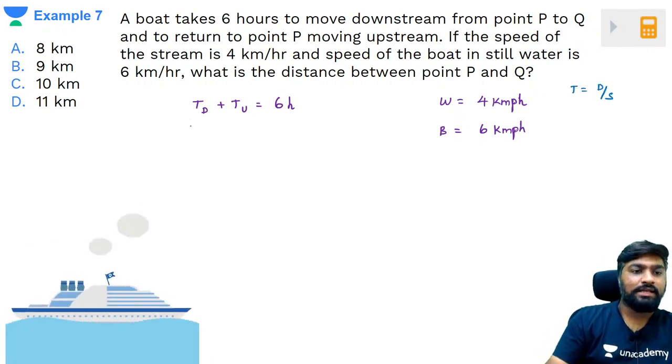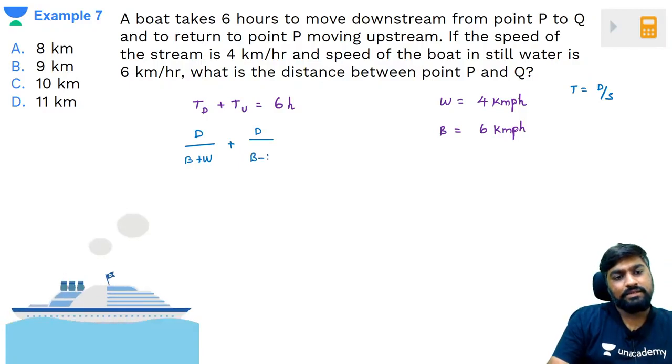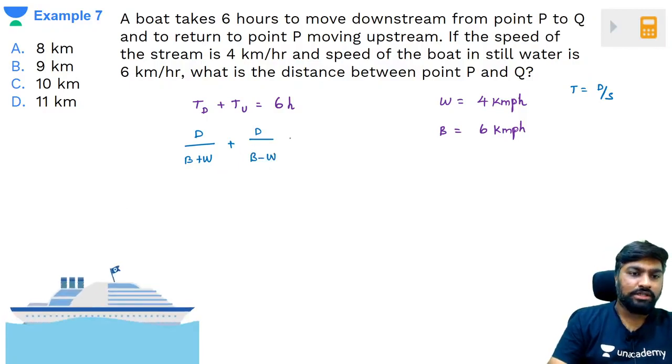So if we put that here, time taken during downstream is going to be what? Distance upon downstream speed. What is downstream speed? Sum of the speed of boat and water, plus time taken during upstream, same distance d, because P to Q, Q to P, same distance, over the difference of boat and water speeds. This is going to be 6 hours.